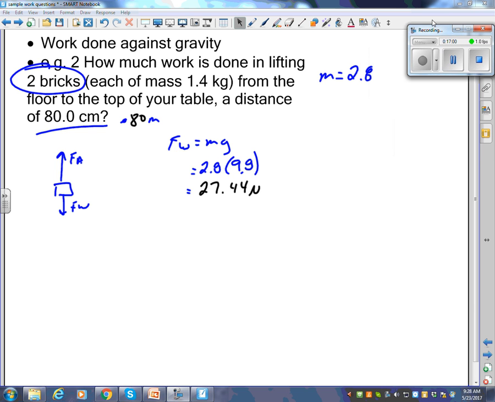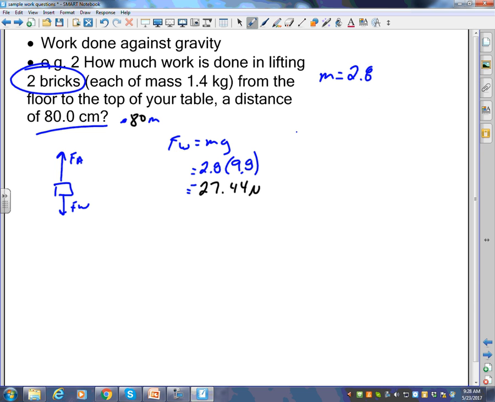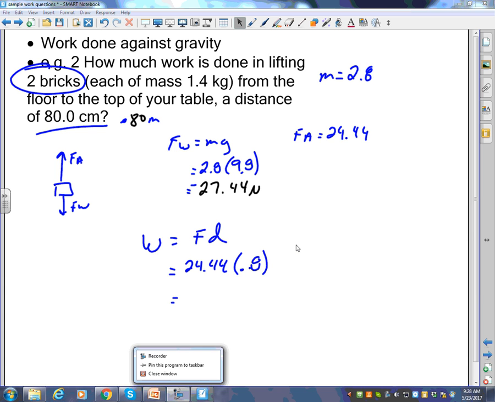Now, I guess technically that is negative, and therefore the applied force is positive 27.44, and you're lifting it up. So the work done is FD. So that force is really the applied force, 24.44 times 0.8. And again, I'm without calculator.